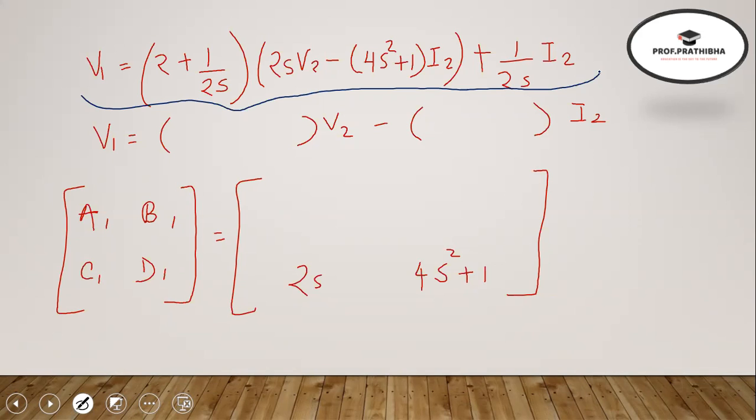Yeah, A1 is 4s plus 1. B1 is 4s square by 2s, or 4s by 2. Just check that because it's a bigger equation, no, with I2. Here it is correct, 4s plus 1. But here it's going to be a little bigger equation.